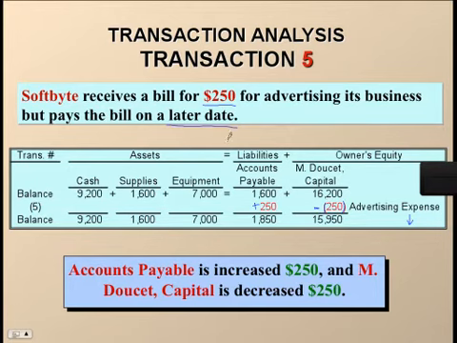So if you look at the left and right again, on the left side of our equation, there was no change. On the right side, it went up $250 and it went down $250. So the right side nets out, again, to no change. 250 up and 250 down is really zero. However, there was a change in the particular accounts, accounts payable and capital. So the accounts were changing, but our left and right still remain in balance. No change on the left and no net change on the right.